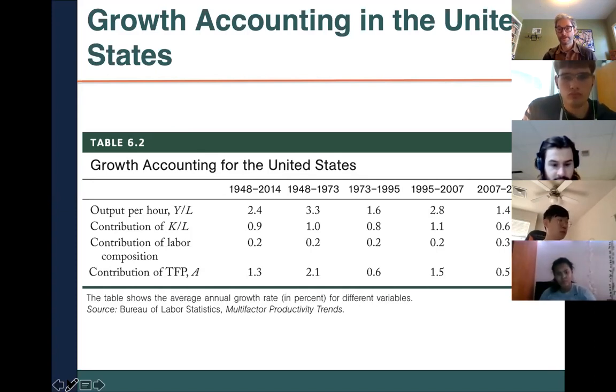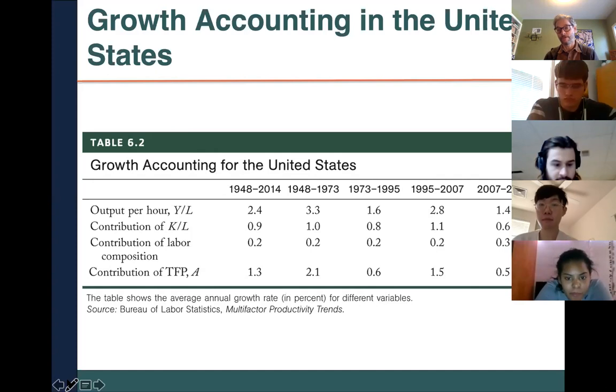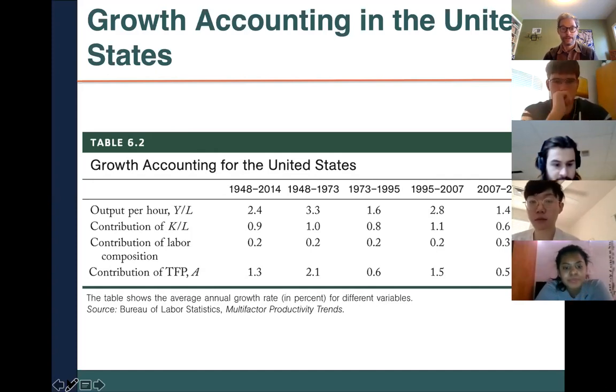Labor force participation has gone up in the United States over this period. Almost all of that contribution of labor is because of an increase in the labor force participation rate. But it changes very slowly, and throughout this entire period the labor force just doesn't change very fast. As a result, the labor force cannot be a huge driver of growth, particularly over relatively short periods of time.